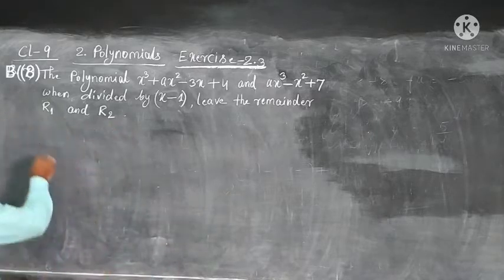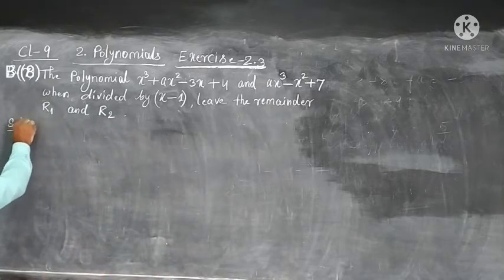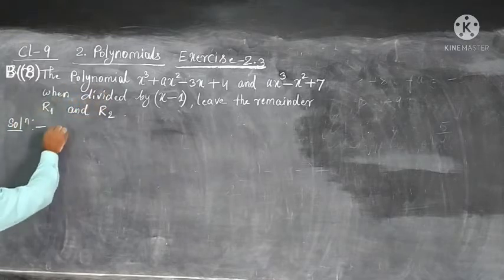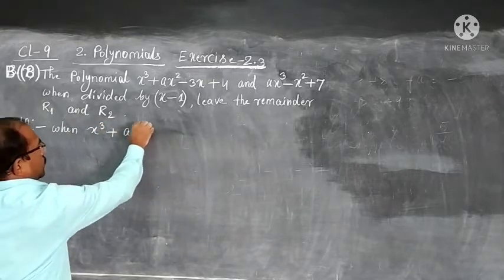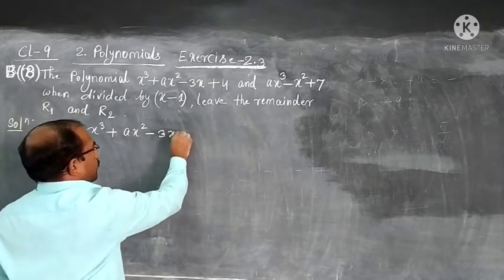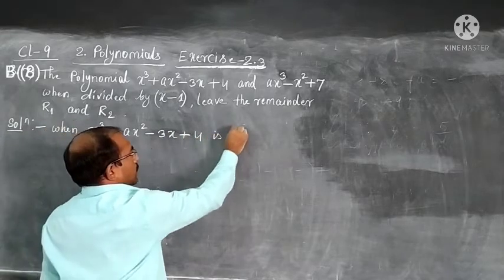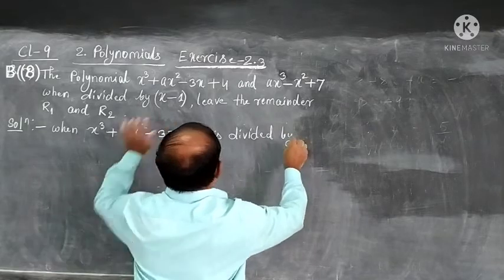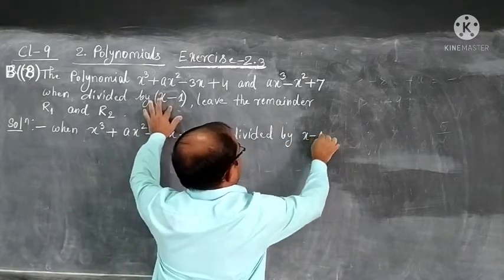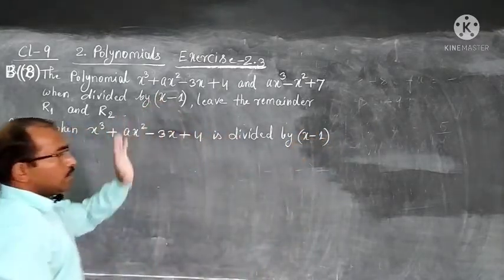Let us find the remainder when the first polynomial, x cube plus ax square minus 3x plus 4, is divided by x minus 1. The divisor is the same, only the dividends are two.